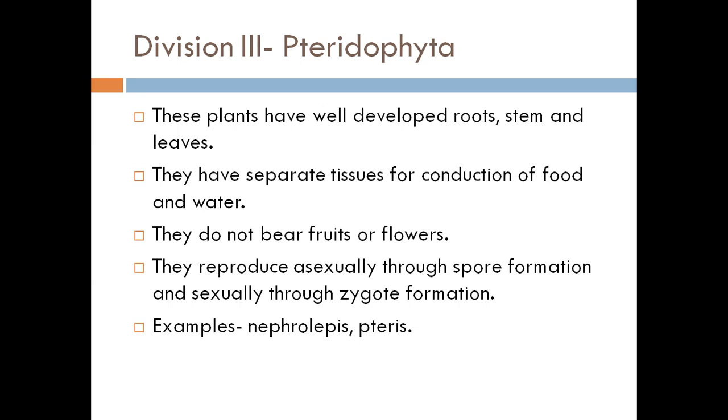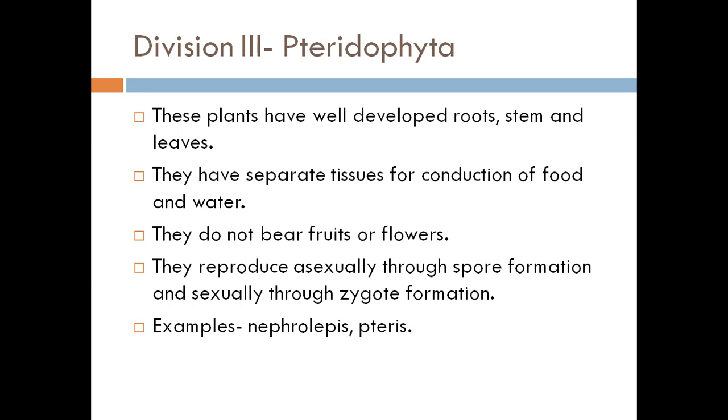Asexually means there is no separate mother and father, and sexually means there are different organs, a male organ and a female organ. So there are two types of reproduction. Pteridophytas are capable of reproducing asexually through spore formation, which we have already discussed in the case of Bryophyta.